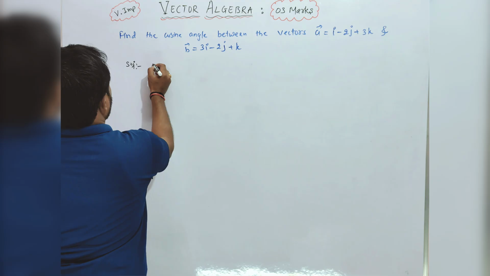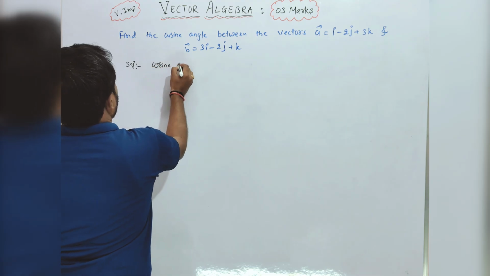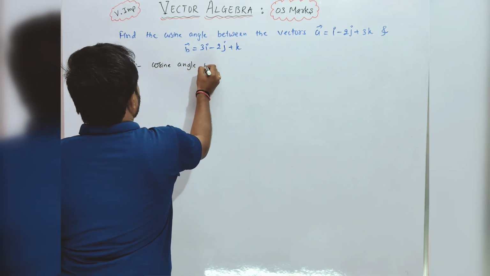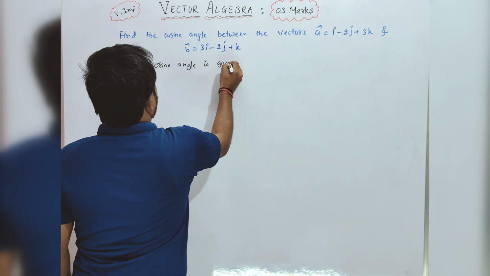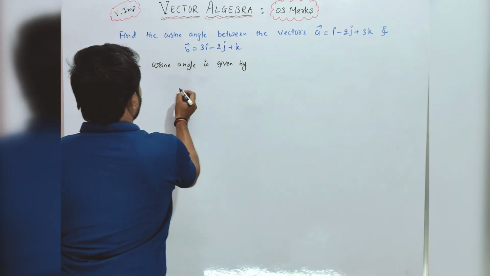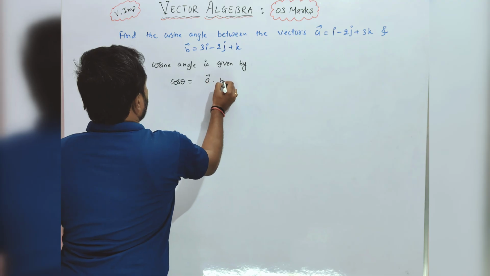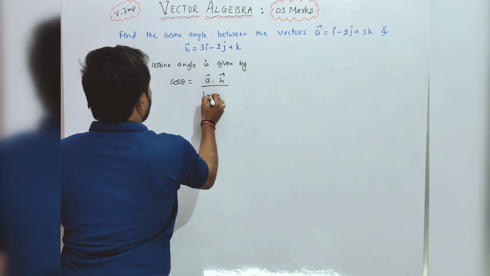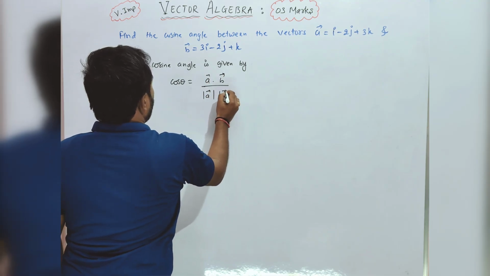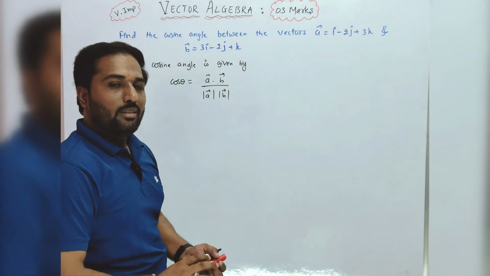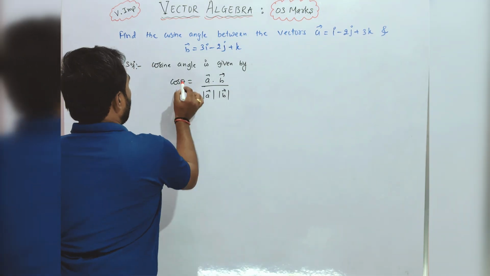So the cosine angle is given by cos theta is equal to A dot B divided by magnitude of A into magnitude of B. This is simpler than the previous one.